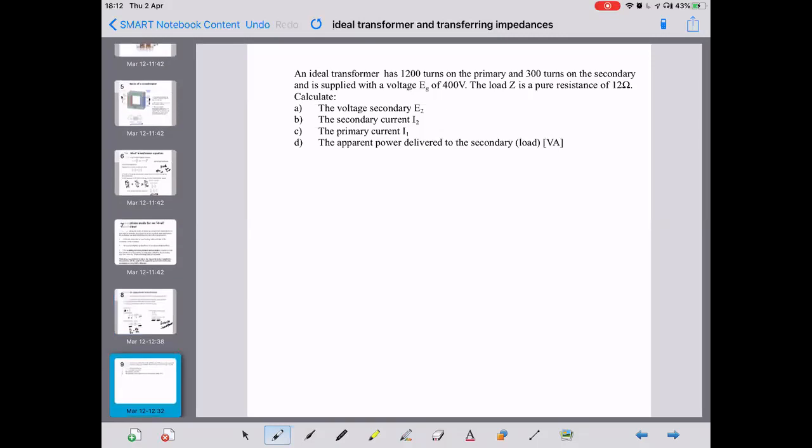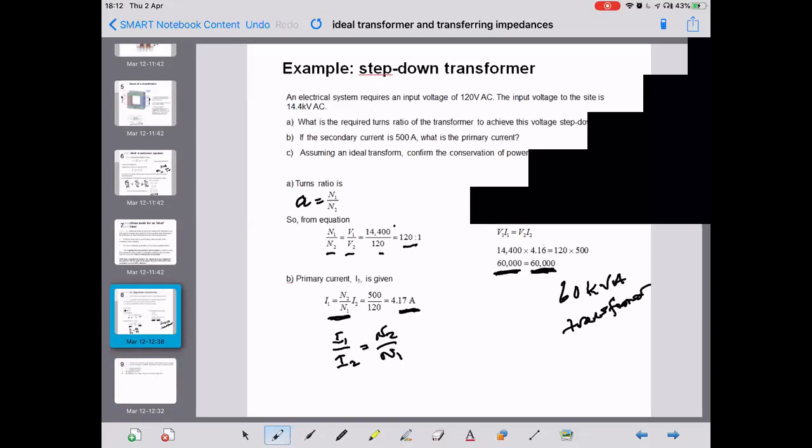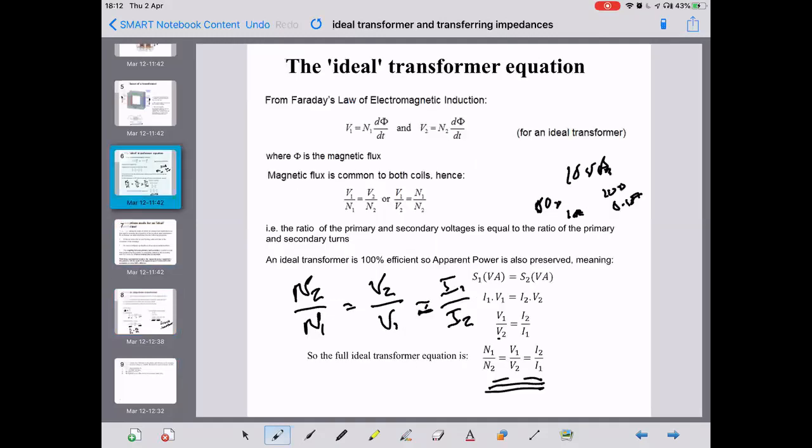I didn't understand. So the primary current I1 is given by N2 over N1 times I2, so why is it 500 over 120? Because N2 in the ratio is 1. Oh, right, I see.